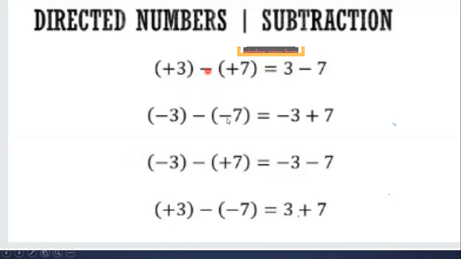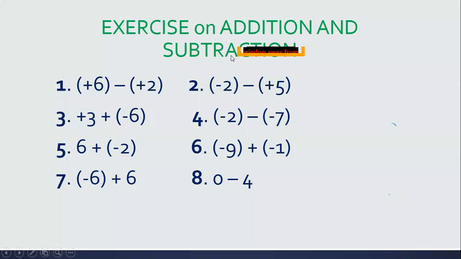If we have a negative and a negative, the sign here changes to a positive. A negative and a positive, the sign in the middle changes to a negative, and a negative and a negative, the sign changes to a positive. That is how the signs vary whenever we are dealing with such directed numbers.